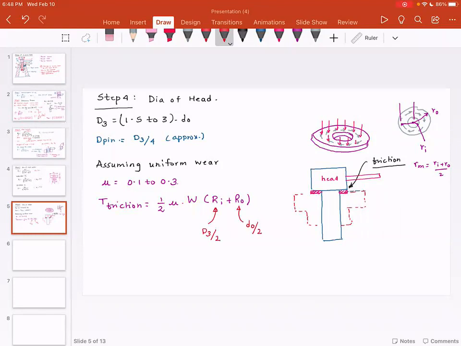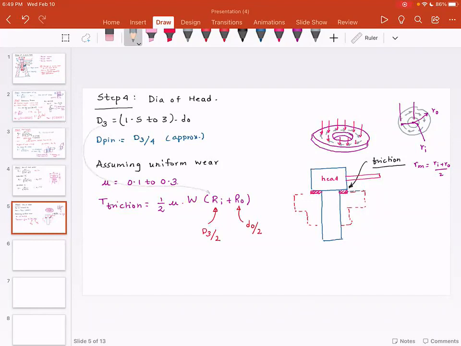Please note, the value of dO is known from step 1 and the value of d3 is known from step 4. So d3 will come from here. And that will give you the frictional torque.